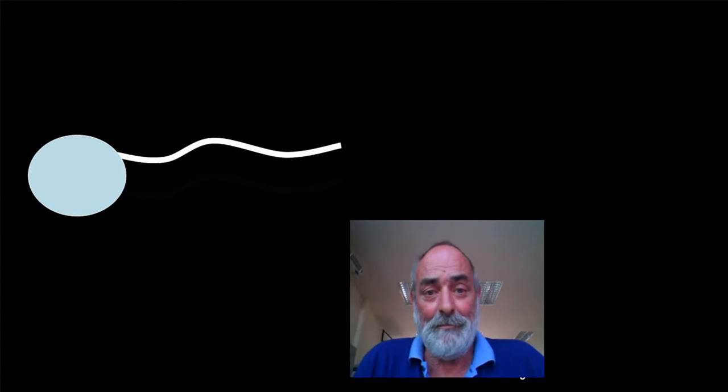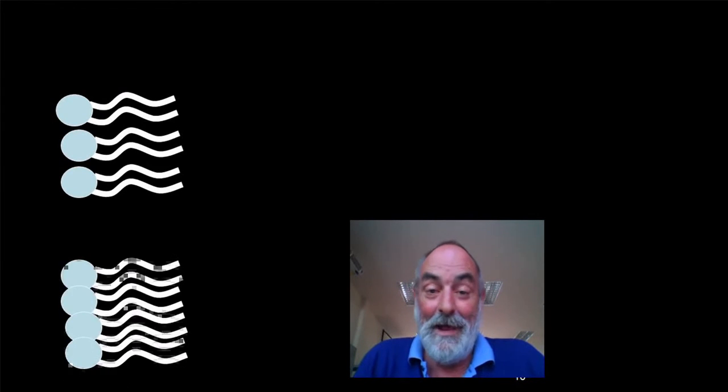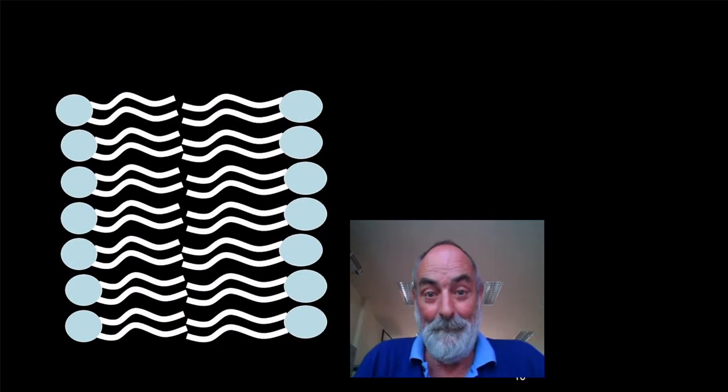The membrane is made of molecules, fat molecules, called lipids. They have a head and two long tails made of long-chain carbon. This is one molecule, but the cell membrane has more than one, many joined together, and on both sides, to make a double layer. And this is how the cell membrane is made.